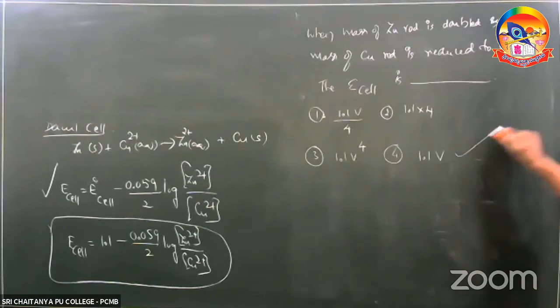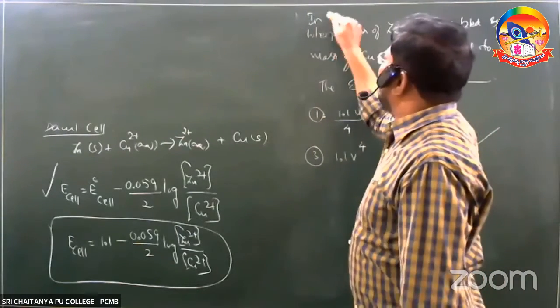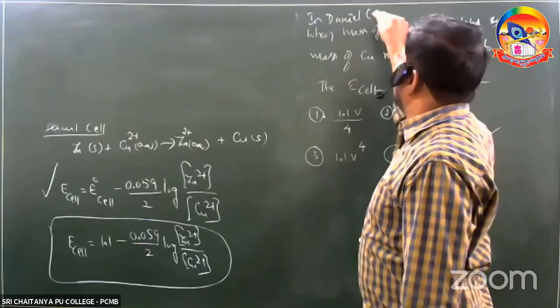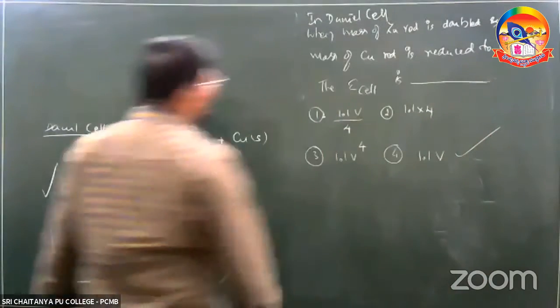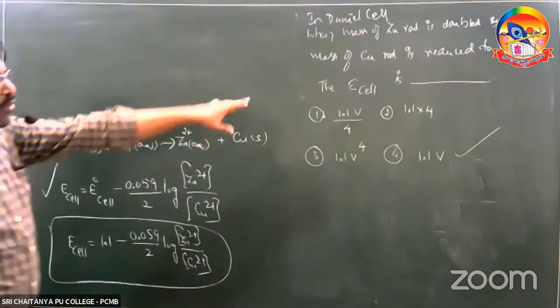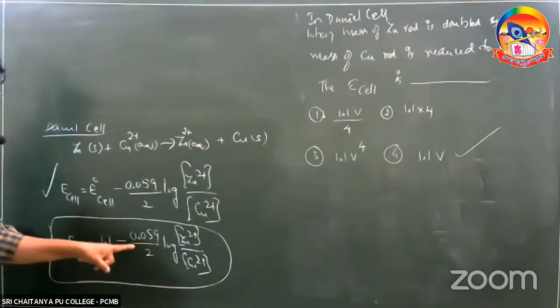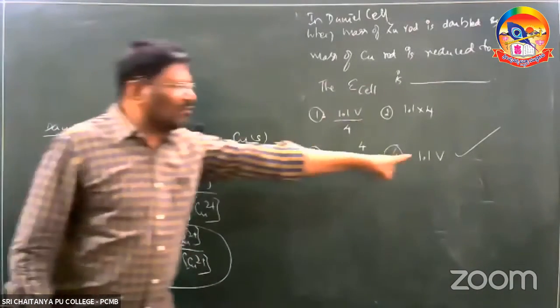So the answer is just equal to E naught cell. In the Daniell cell, the masses of the zinc rod and the copper rod are not involved in the equation. That's why the fourth option is correct.